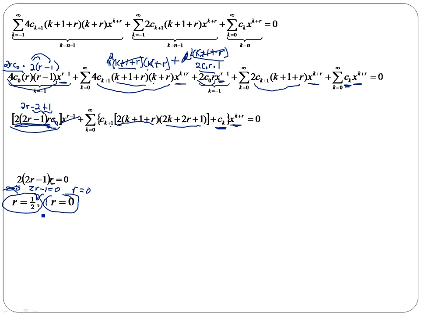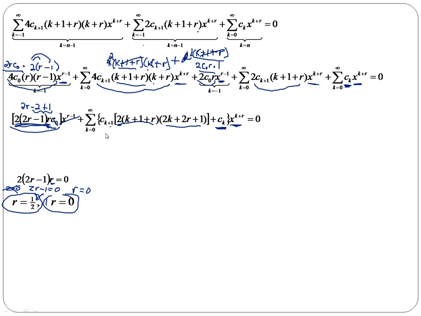So this tells me there are 2 values for r that will work, 1/2 and then 0. And I can get my recurrence relation by looking at the coefficients of all my other terms. There it is.